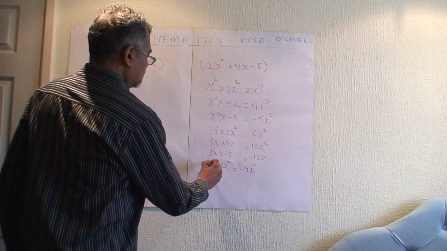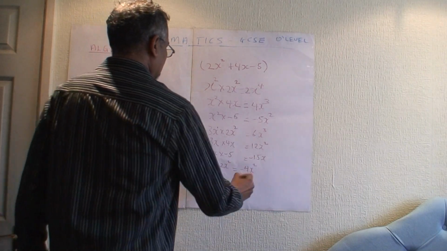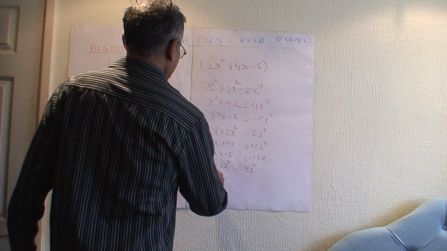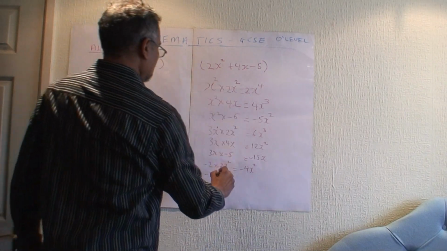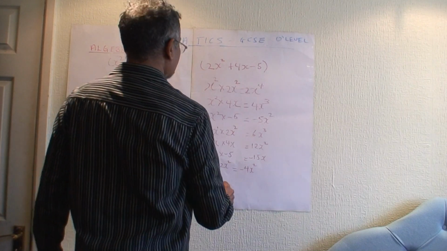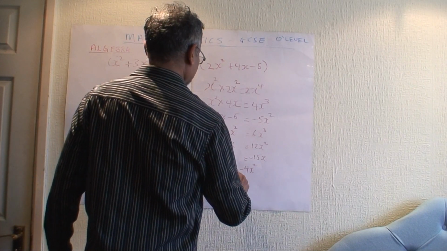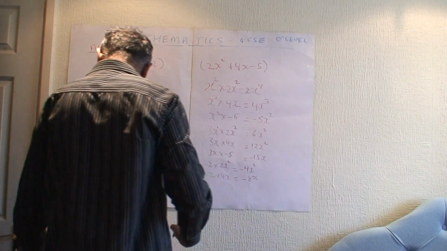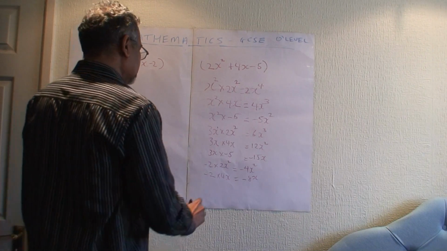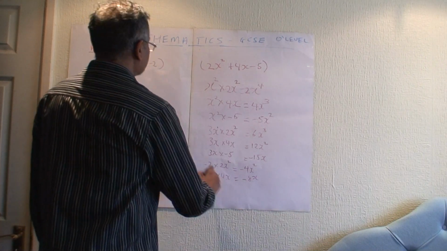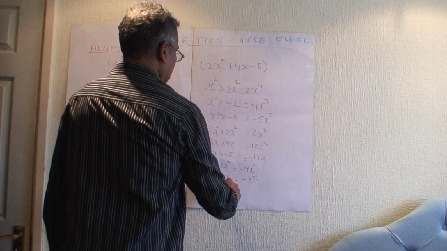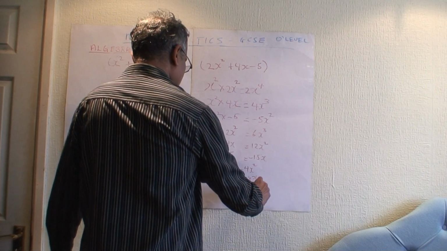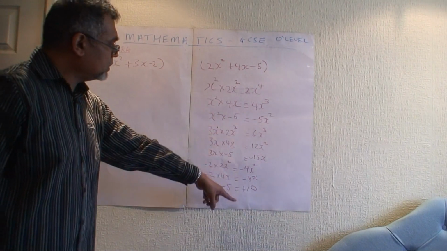And minus 2 multiplies by 4x, that's minus 8x. And minus 2 multiplies by minus 5, that's plus 10.